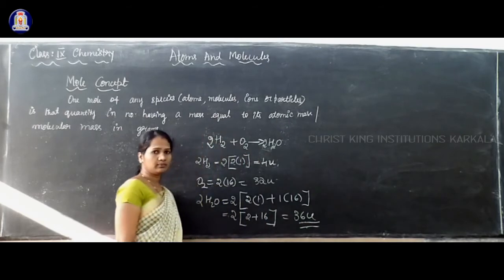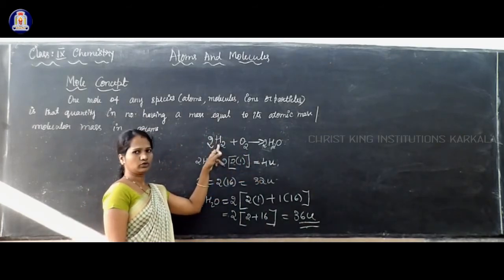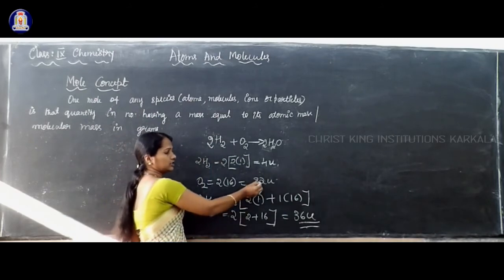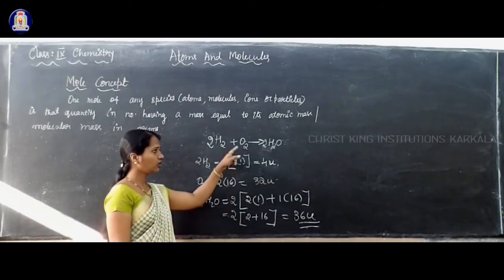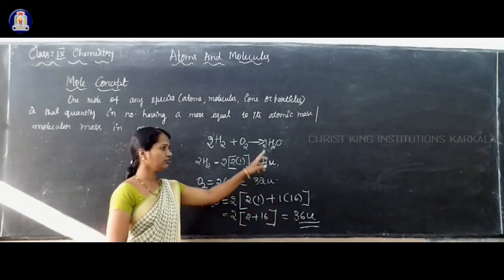What does it mean? It means 4 atomic mass unit of hydrogen combines with 32 atomic mass unit of oxygen to give 36 atomic mass unit of water.